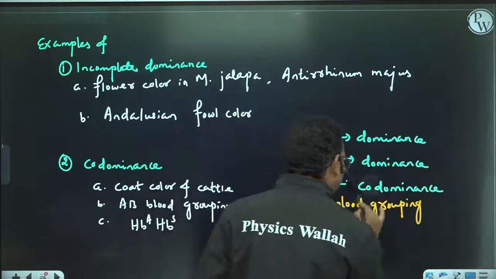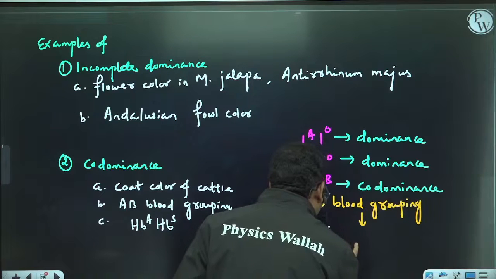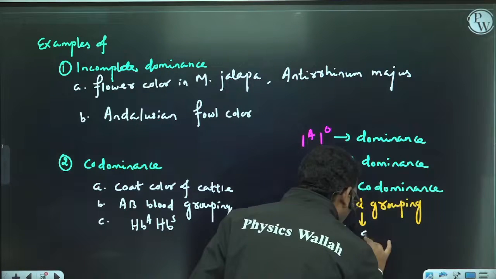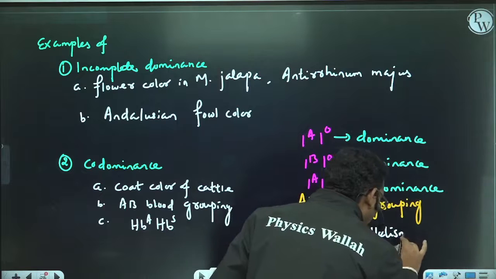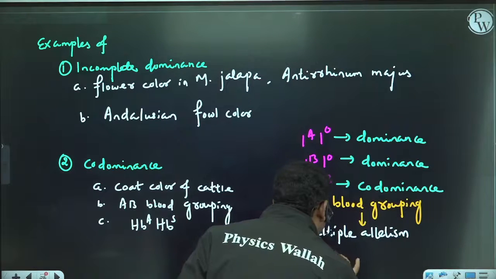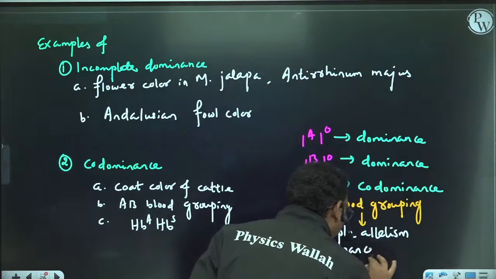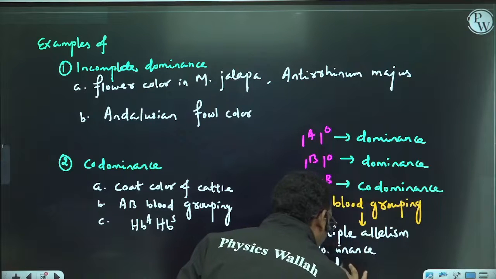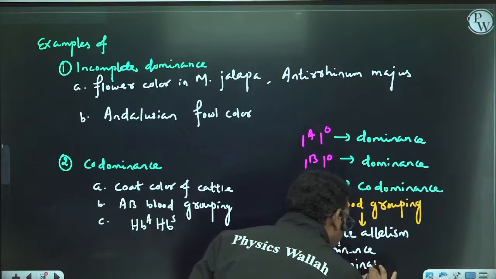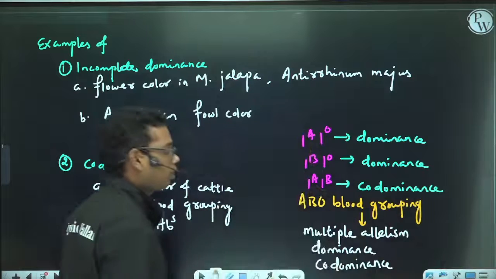It shows multiple allelism. Okay, it shows dominance, and it also shows codominance. Clear?